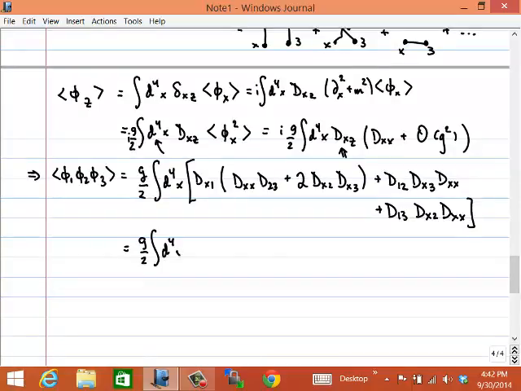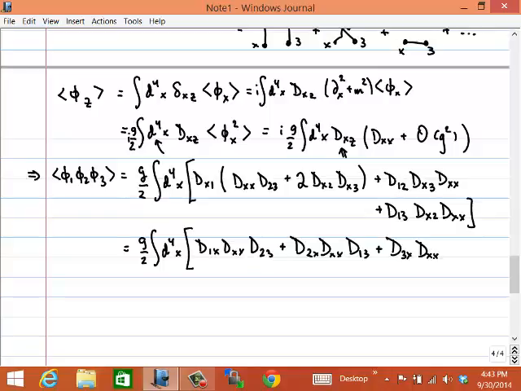Or let's just rewrite this a little bit more neatly. So that's an integral d4x times the sum of 4 terms. Okay. So you had a d1x dxx d23 plus a d2x dxx d13 plus a d3x dxx d12 plus twice dx1 dx2 dx3.